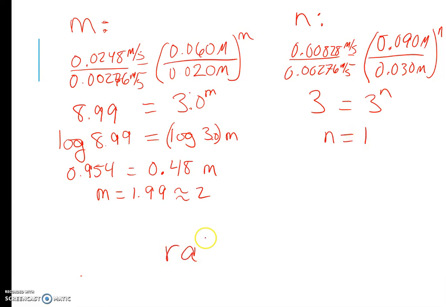So we have the general formula where rate is equal to k times ClO2. Our order for m is the second order, and then we have OH minus raised to the first order. So the next thing we need to do is find k. We can actually do this by using any of the experiments, but let's just do experiment 1. We know that rate is equal to k ClO2 to the second power and OH minus to the first.